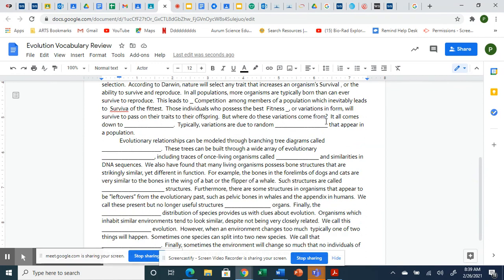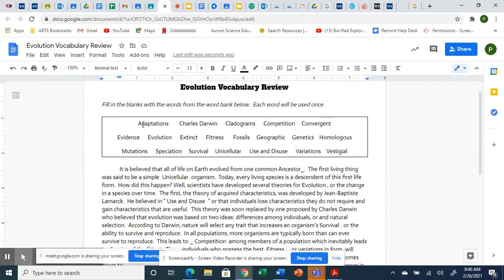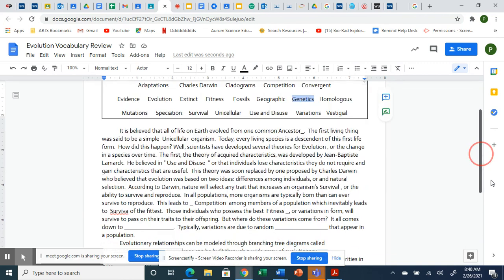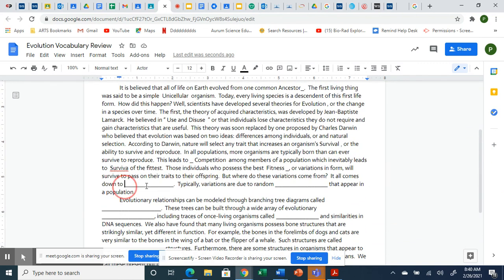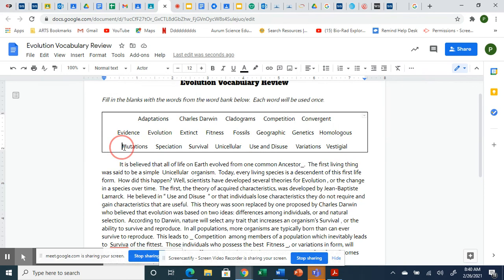But where do these traits come from? It all comes down to genetics. Typically, variations are due to mutations.